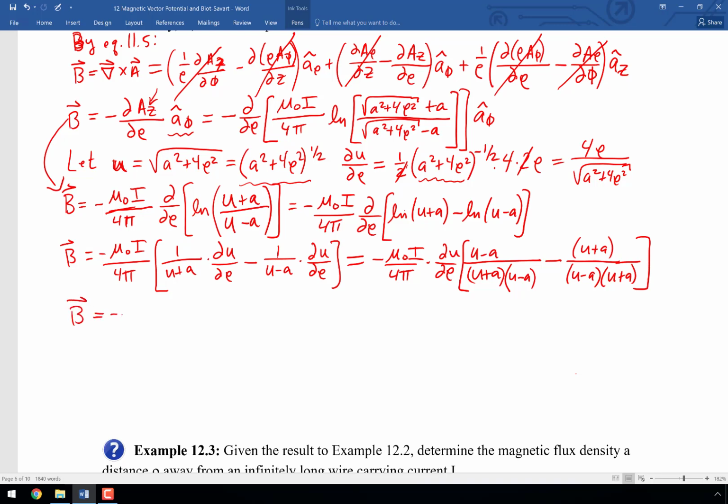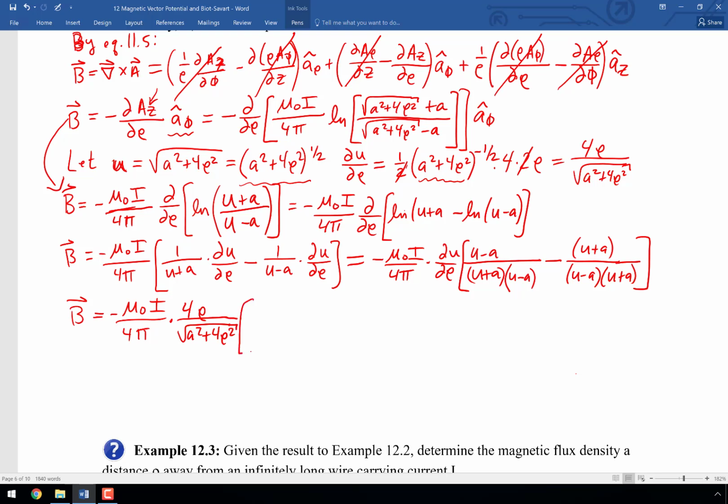Okay, so another step of substitution. B is equal to minus mu sub 0 I over 4 pi. Let's go ahead and plug in what we know for partial of u with respect to rho, because remember we found it here. So I'm going to erase those circles because I was just trying to draw your attention to it. This is times 4 rho over the square root of a squared plus 4 rho squared.